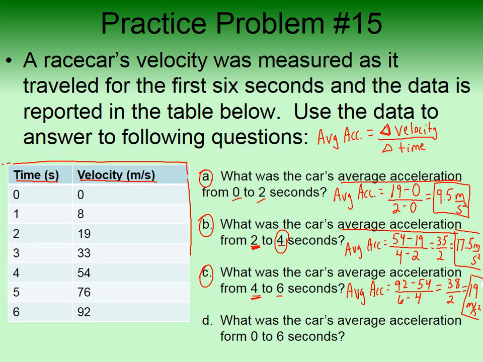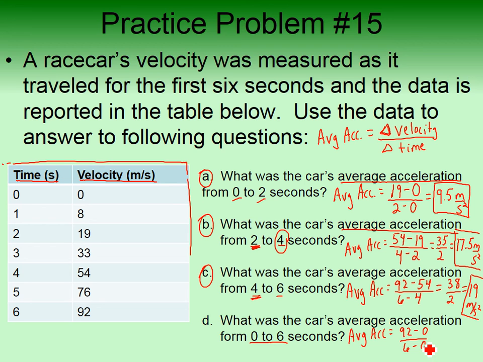And so D says, what was the car's average acceleration from 0 to 6? So we're going to average the whole time here, the whole trip. Average acceleration. The final velocity would have been 92. The initial velocity at 0 seconds is 0. The final time is 6 minus the initial time 0.